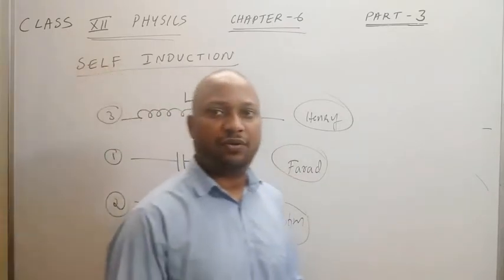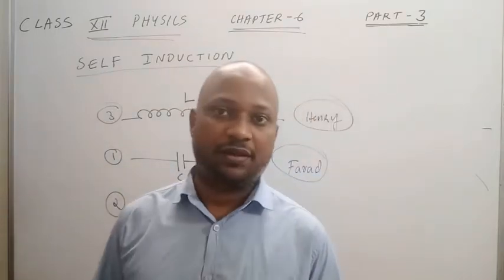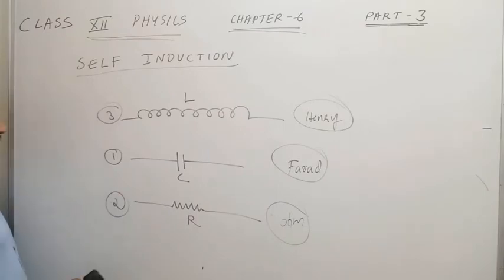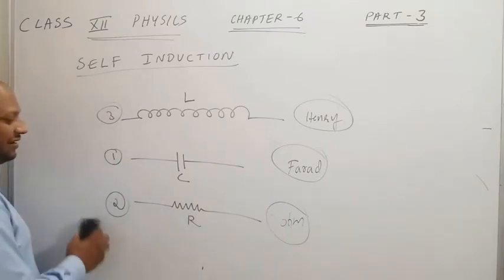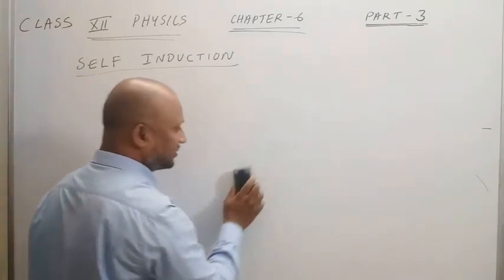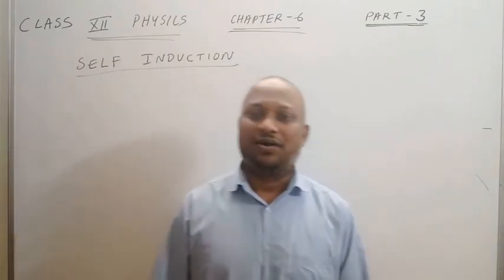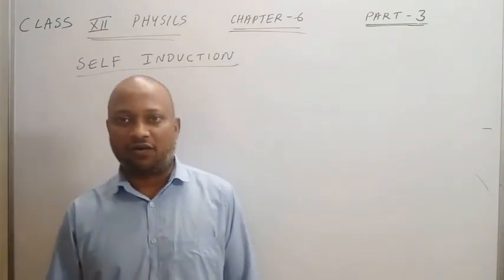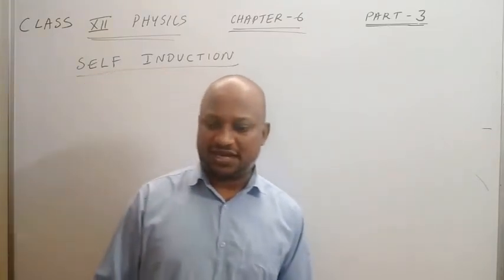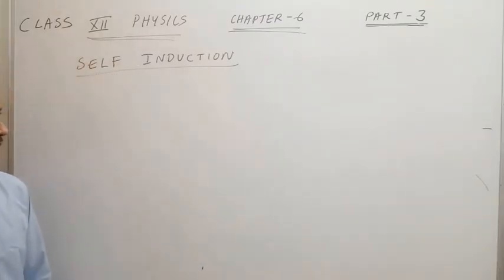Ohm is always in higher values, because we require high resistances. These are the three new electrical devices we are learning, and we have more devices in later sections, like diodes and transistors, though a few things are already omitted from the syllabus. But in this chapter nothing is omitted, so let's discuss all these things.